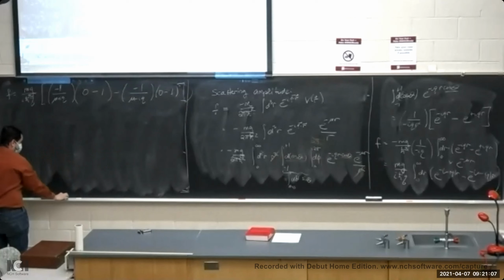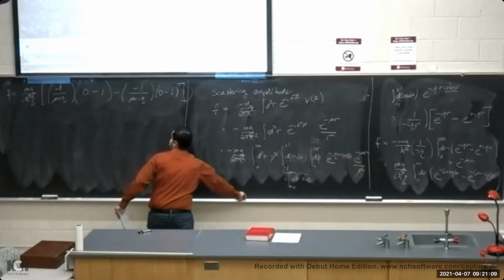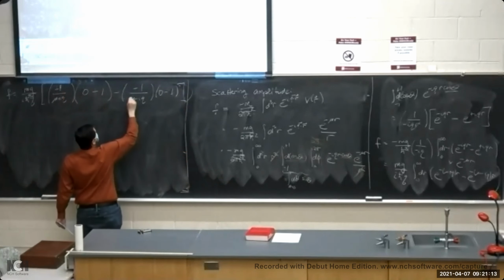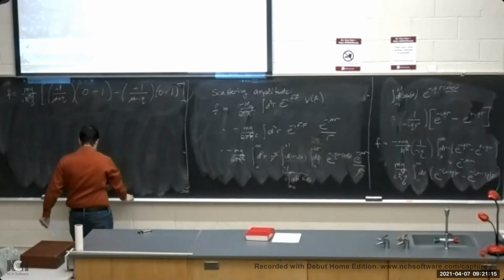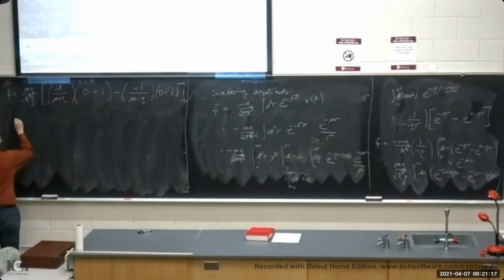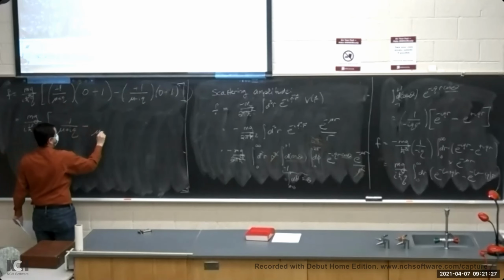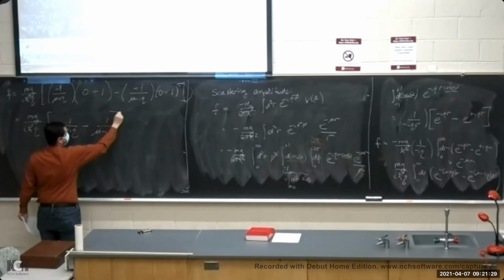So I got a whole bunch of minus signs that I should clean up. So this is positive, and then this is negative overall. mg over i h bar squared q, I have 1 over mu plus iq minus 1 over mu minus iq.